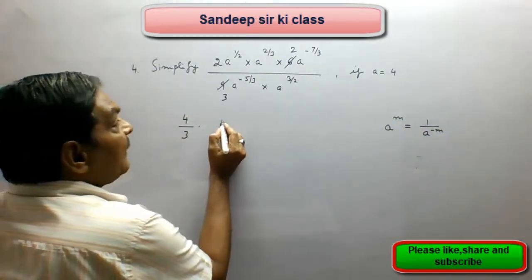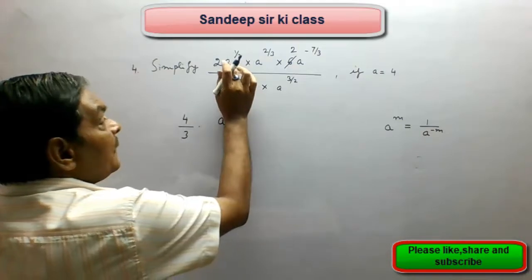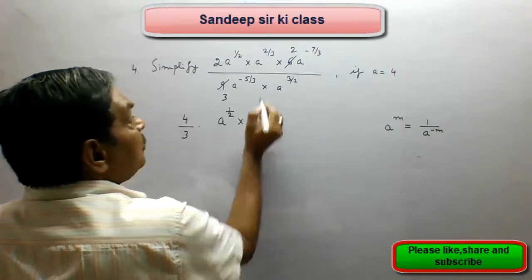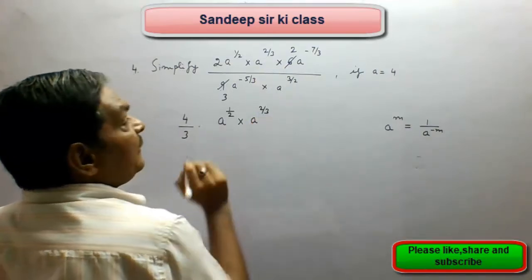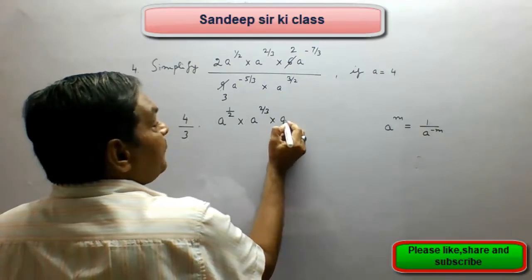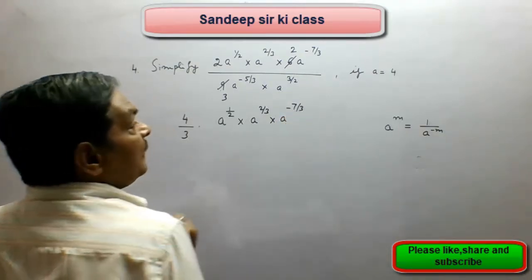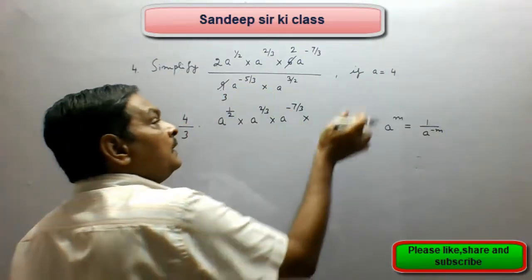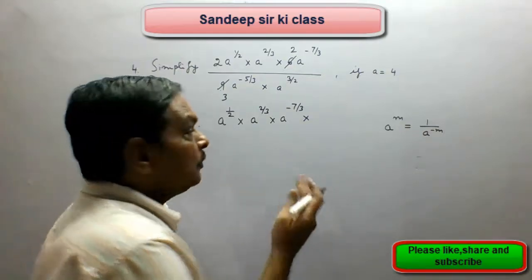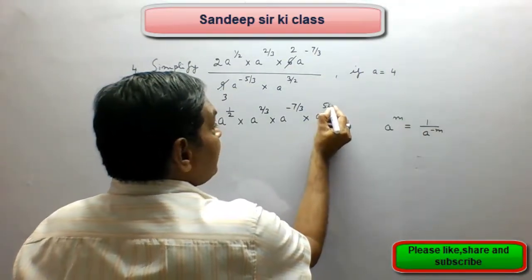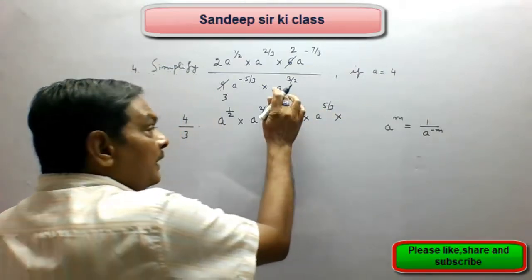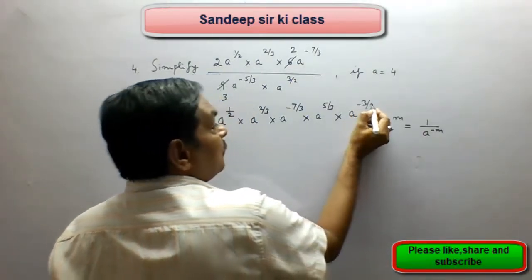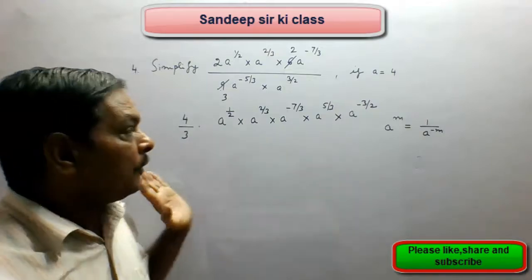So now we simplify the indices part. a to the power 1 upon 2 will be as it is, into a to the power 2 upon 3 as it is, into a to the power minus 7 upon 3 as it is, into a to the power minus 5 upon 3. It goes in the numerator, its power will be positive, now 5 upon 3, into a to the power 3 upon 2. When it goes in the numerator, its power will be negative. This is what we obtain.